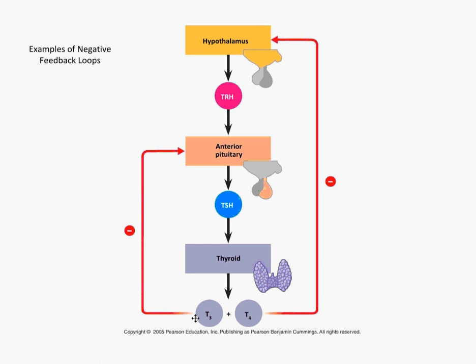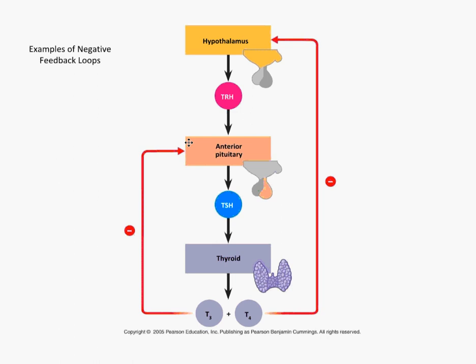When T3 and T4 are produced, the presence of those hormones in the body is sensed by the hypothalamus and the pituitary, which are parts of the brain. They will turn off the process that causes T4 and T3 to be produced in the first place. So it's basically a way to shut off the production of something.